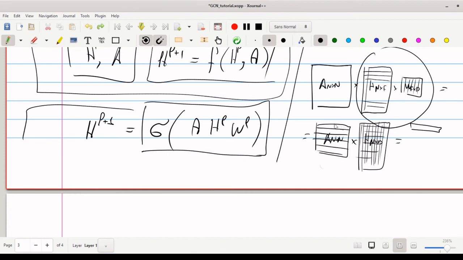Since this matrix is an adjacency matrix, we're going to obtain a representation for the first node by combining the representations of all the nodes that are connected to this node, weighting those representations proportionally to how strongly they are connected, because that is what the elements in this adjacency matrix are giving us. And so finally, in this way, we are obtaining our output matrix, which is H^(L+1), which is going to be of size n by d.